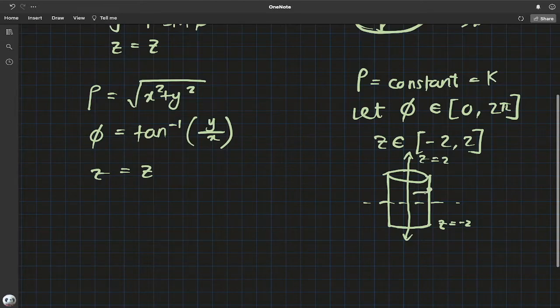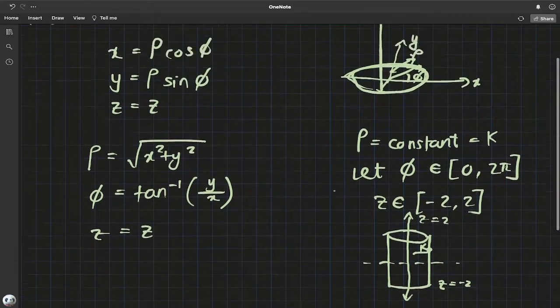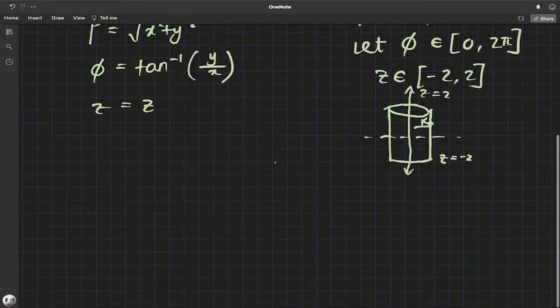So this radius is k. So that's why this is called the cylindrical system.